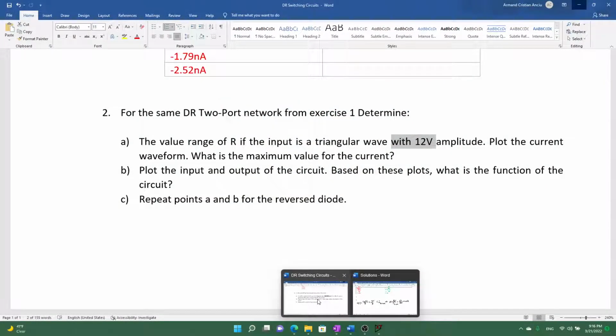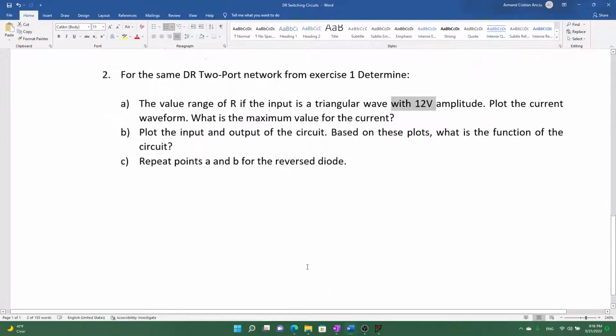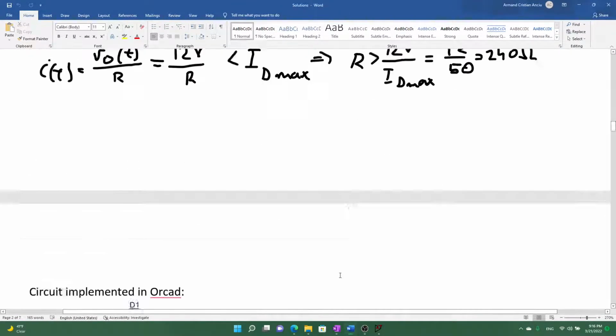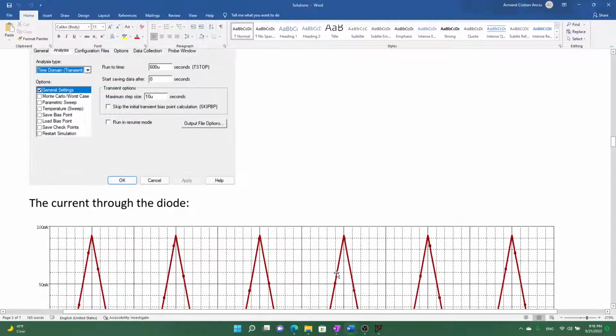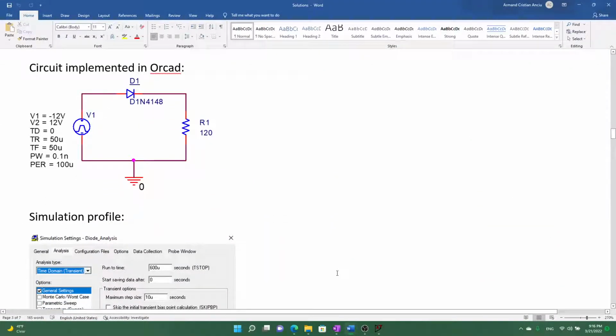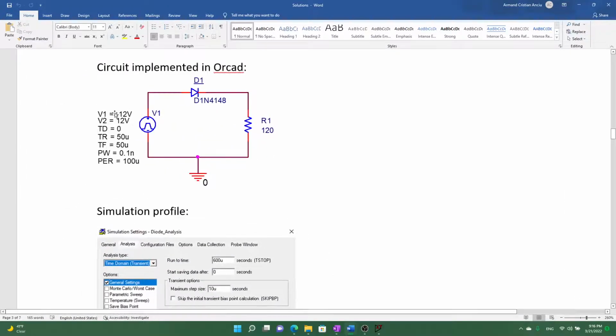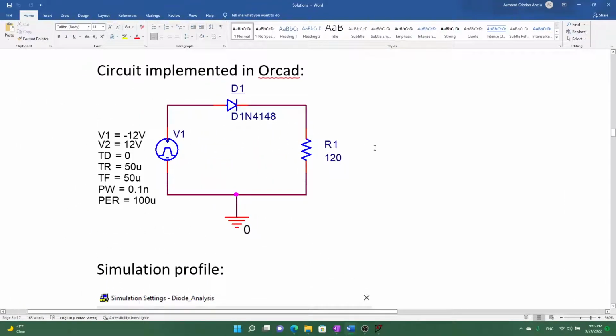For point A, still, we have to consider a triangular voltage. So for that, these are the answers to the exercises that we're doing now, but solved in ORCAD, not LTSPICE.